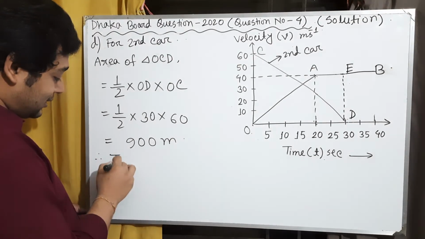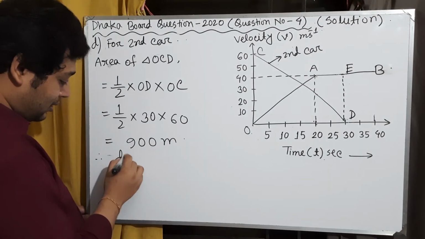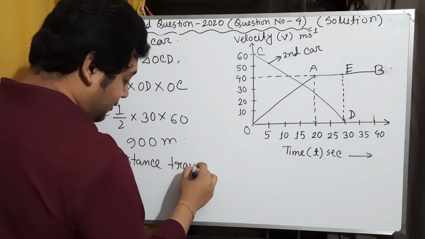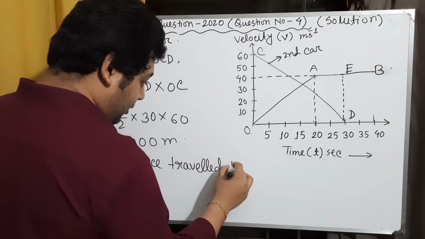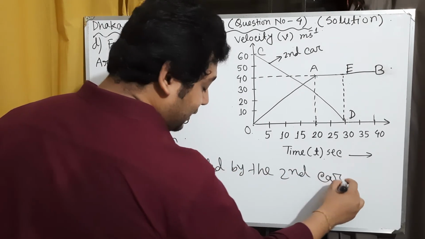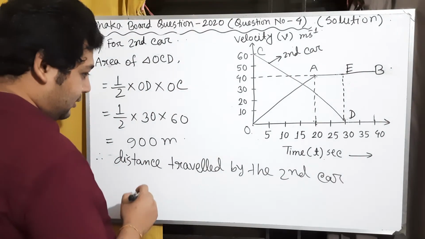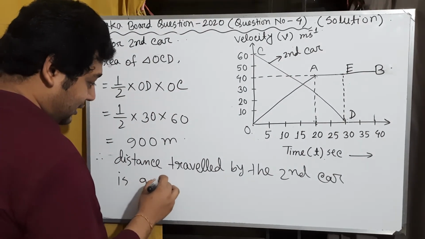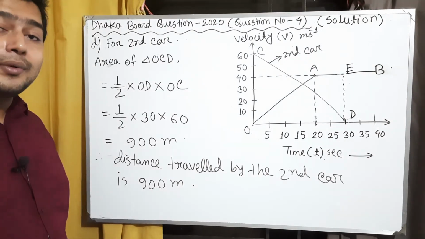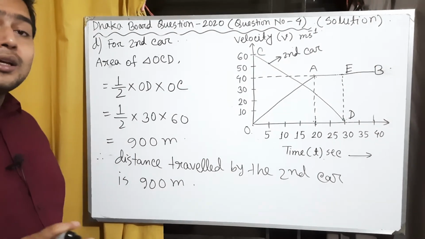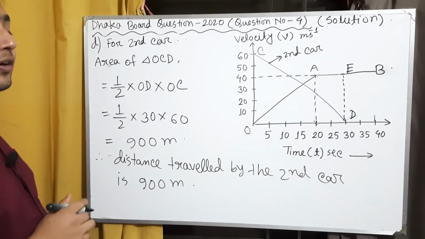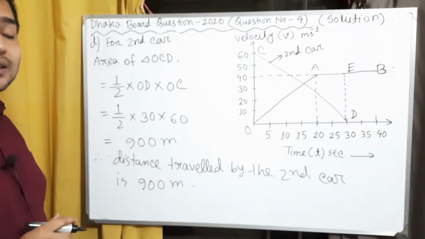So the distance traveled by the second car is 900 meter for 30 seconds. Both of these cars are compared for traveling time 30 seconds.